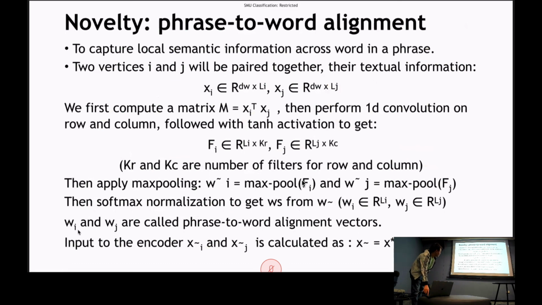So basically, the input will be multiplied with their corresponding phrase-to-word alignment vectors, and we will arrive at the input to the encoder as this vector instead, which is just matrix multiplication between this matrix and this vector. The detail of how to calculate W's is given here, so just for you to look at it.